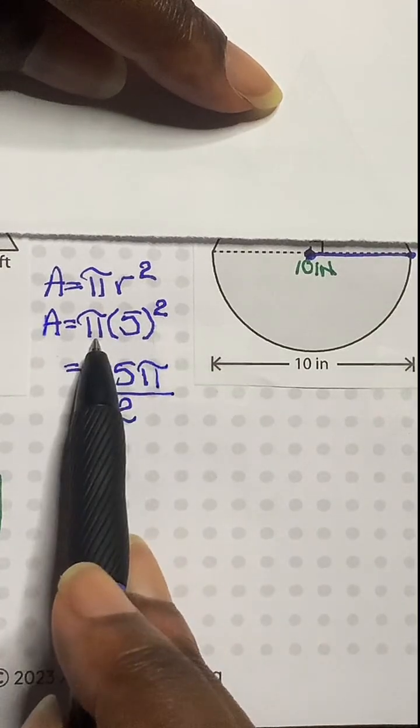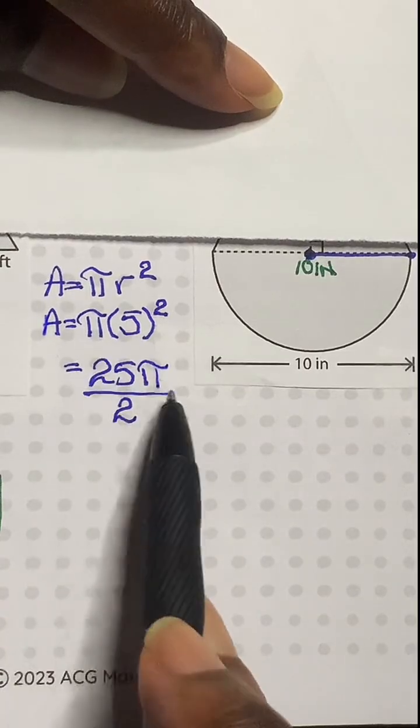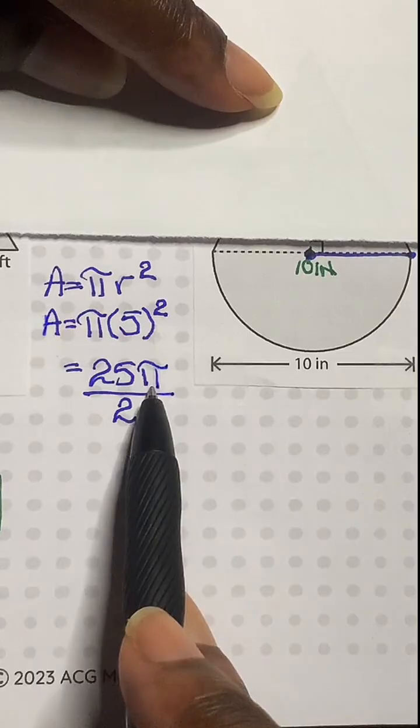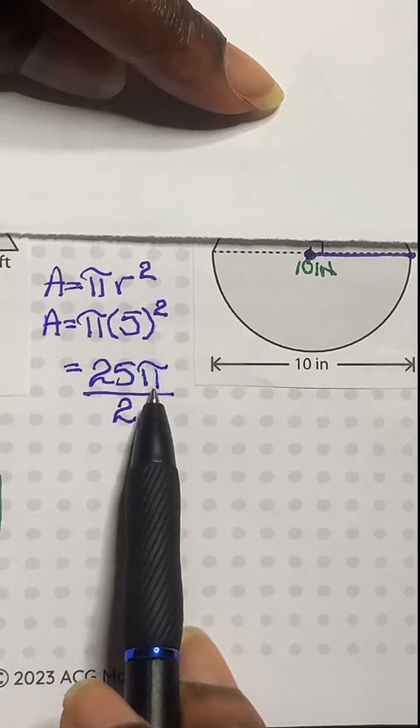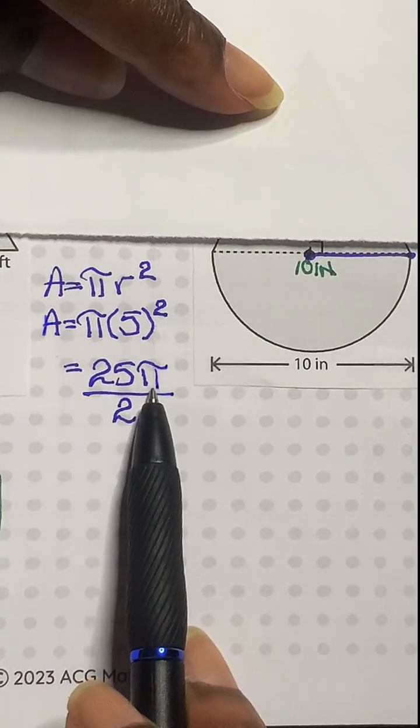Now pi, if I want the exact measurement, I want to keep it in terms of pi. Now, if you read a question and they say use 3.14 as pi, that's when you do the substitution. That means you're finding the approximate answer. But if they want the exact answer, you're going to see answers with pi in it.